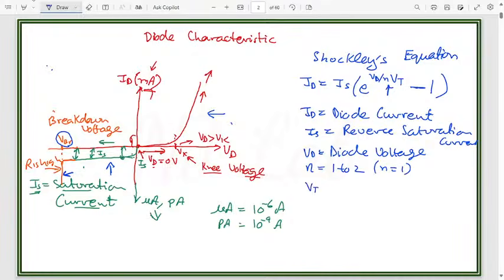VT is known as the thermal voltage, and it is expressed as kT by q.